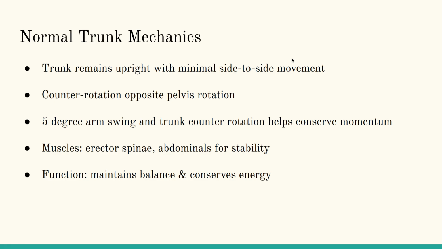The trunk counter-rotates opposite to the pelvis in the transverse plane. This counter-rotation works with arm swing to conserve angular momentum. You'll often see about 5 degrees of trunk rotation paired with arm swing.